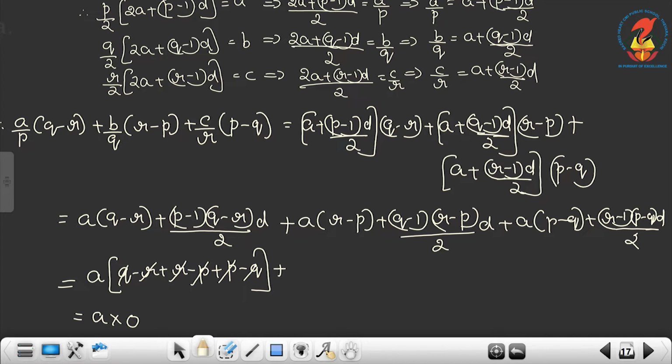Now here D by 2 is common, so D by 2 we can take out.